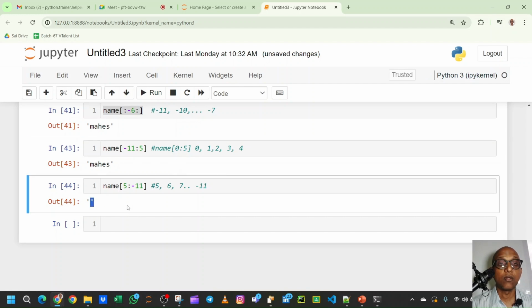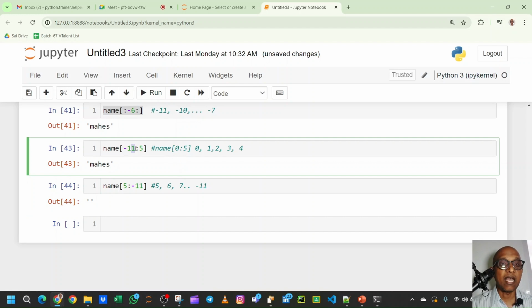In the above one, on line 43, the logic is: what is my starting index? Minus 11. And what is my ending index? 5. What is my default incremental value? 1. So you're just going to get the indexes starting from minus 11, plus 1, minus 10, minus 9. At some point, I am going to get 5 for sure. Correct?